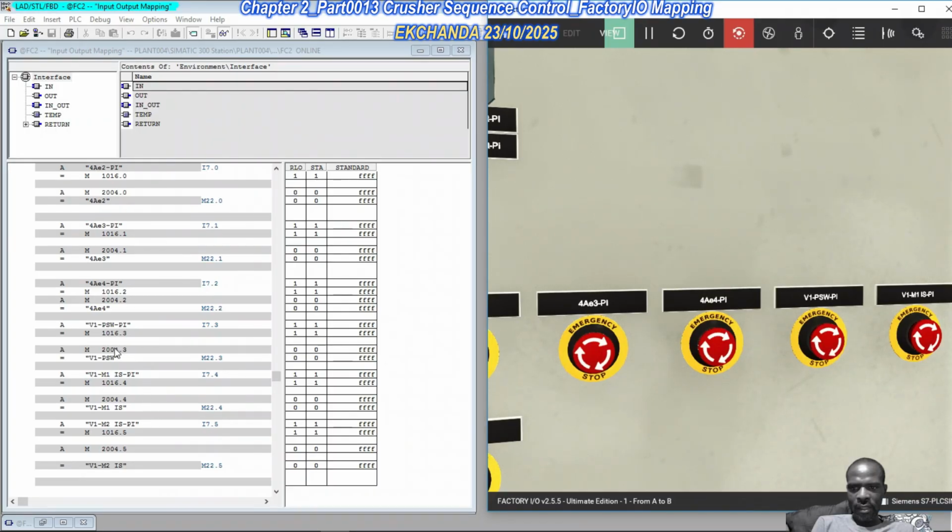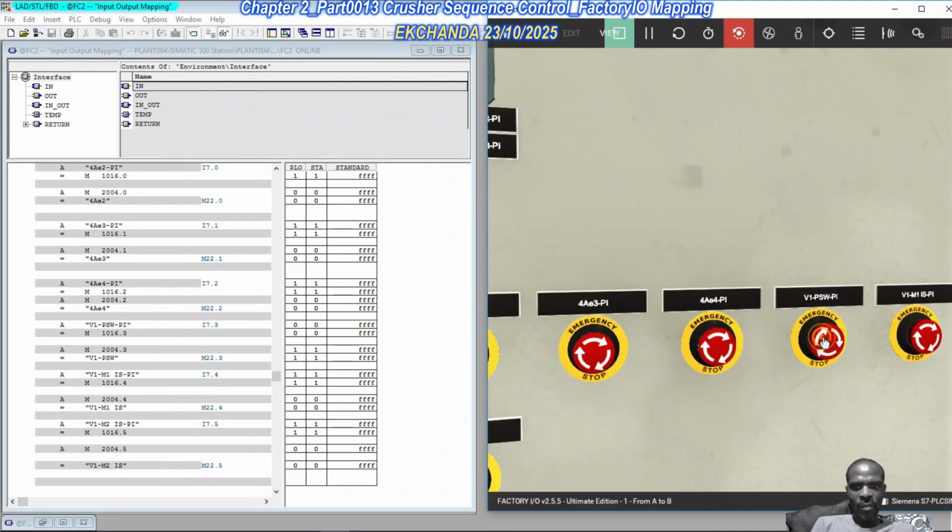We're focusing on this section here. You notice that the signal state of the paddle switch from FactoryIO is true, but the bit status in our logic by way of memory bit 22.3 is false. So if we actuate the input simulation, this becomes true, this becomes false.